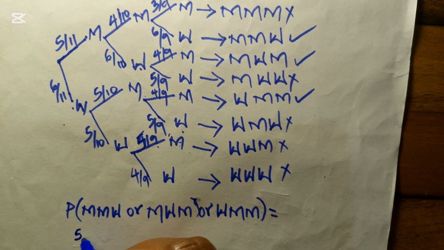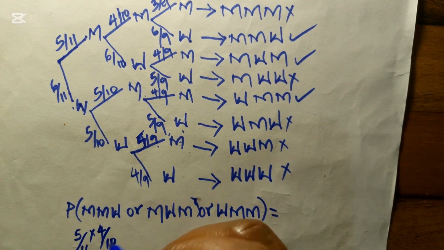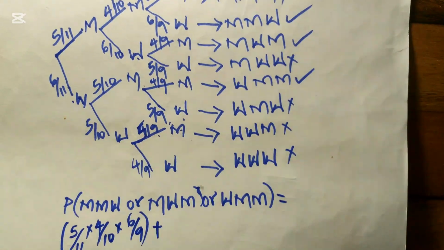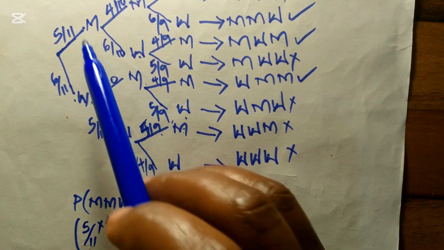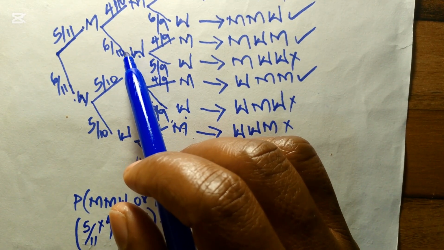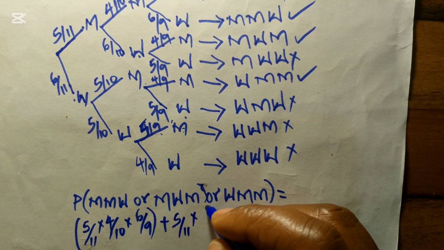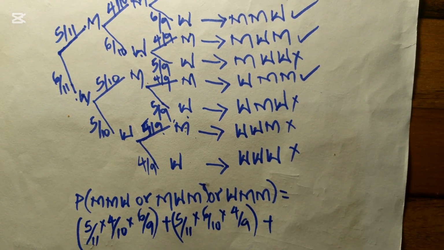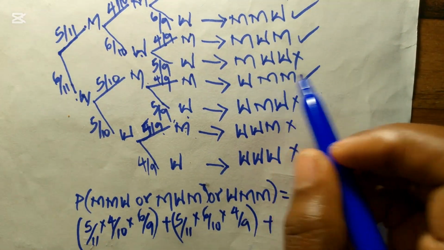So we'll have 5/11 times 4/10 times 6/9 and close that, plus, sorry, a man, a woman, and a man, which is 5/11 times 6/10 times 4/9 and close that, then plus the last one, which is a woman, a man, and a man.